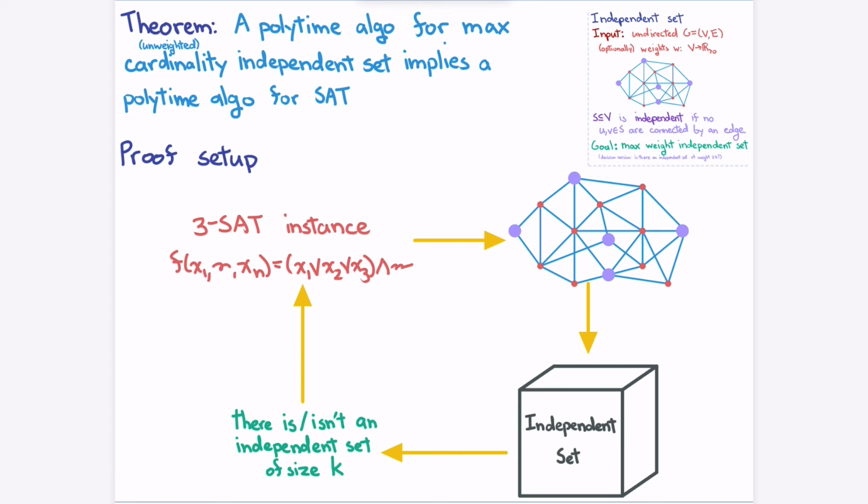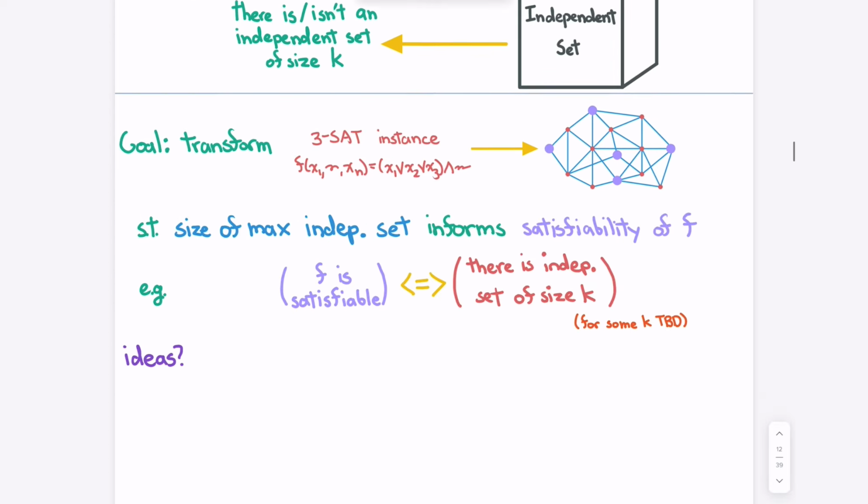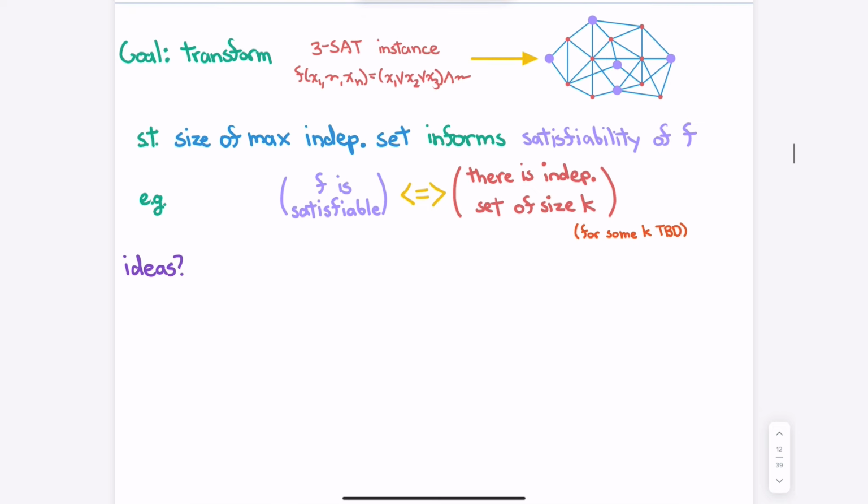Any questions about the setup? Okay, good. So what do we want to do at a high level? Somehow I want to transform a 3-SAT instance into a graph so that something's satisfiable if and only if there's some independent set of size k.